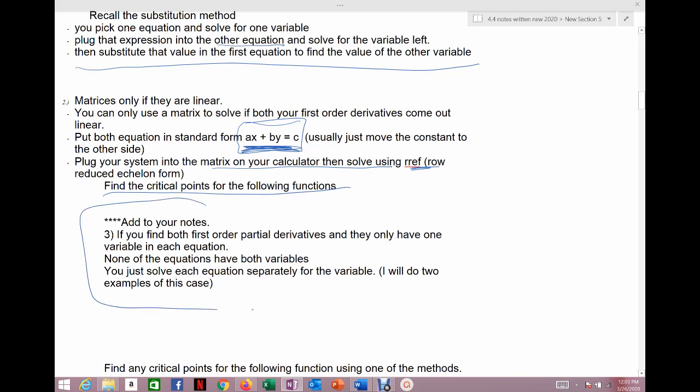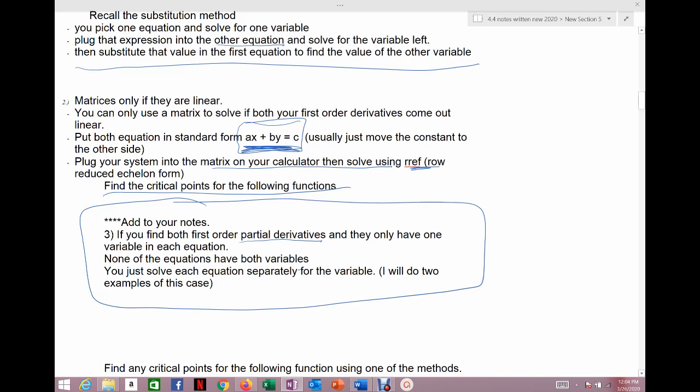Alright, this last one, which I'm adding to your notes, is sort of, again, another special case. And actually our first example in the next set of notes will be this case. If, when you find your first order derivatives, alright, so you find the first order derivative with respect to x, you find the first order derivative with respect to y, set them equal to 0, well, if each of those equations only has one type of variable in it, so usually f sub x has only x values, f sub y only has y values, alright?